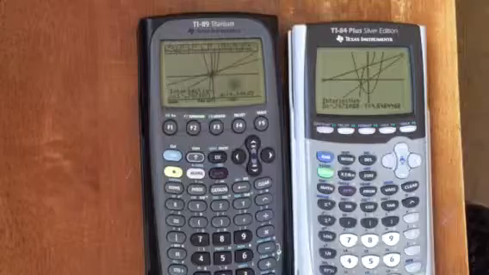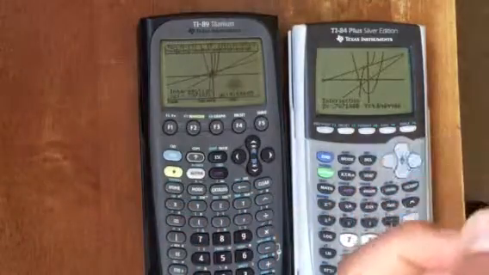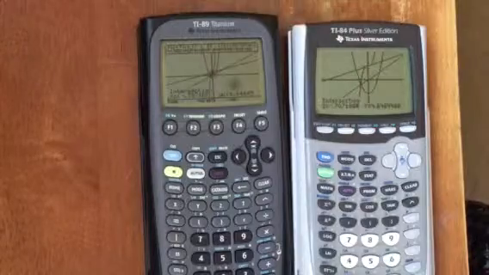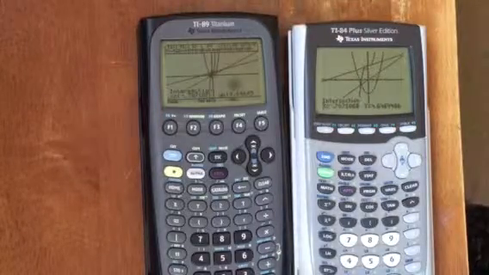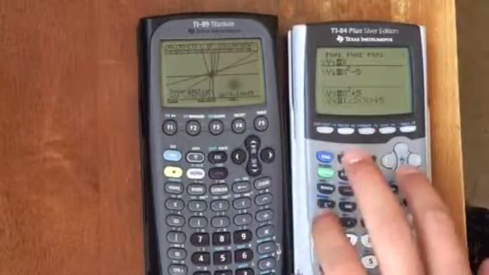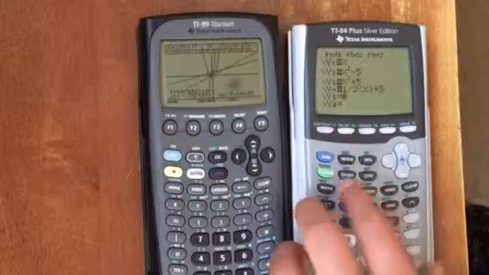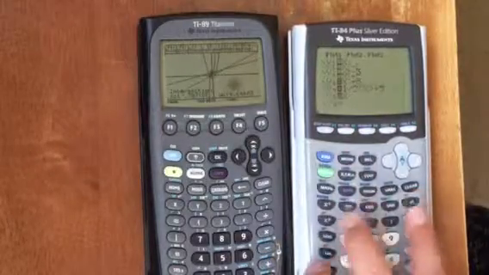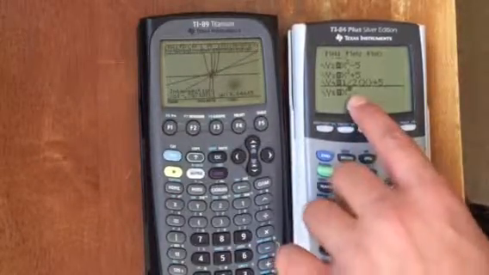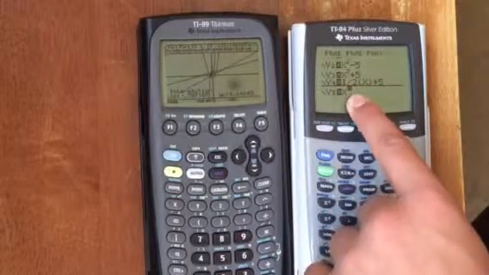Alright, so now you know how to find your intersections on a calculator, and I'm going to tell you some things that are going to help you make sure to not make any mistakes. So on TI-84, if we look at our y equals, if I wanted to put in an exponent on the y5, you're going to see that the little black blinking thing there, that's where you put in your inputs.